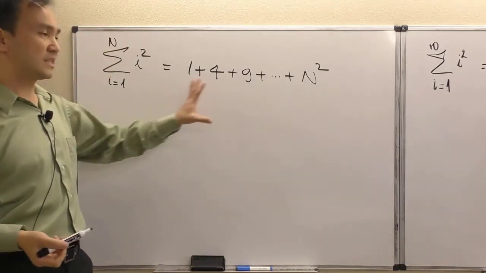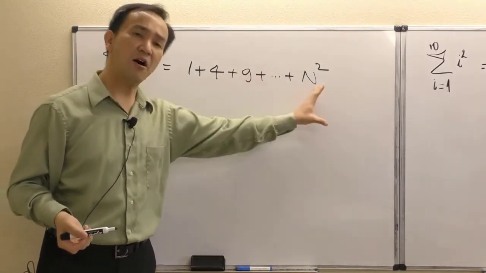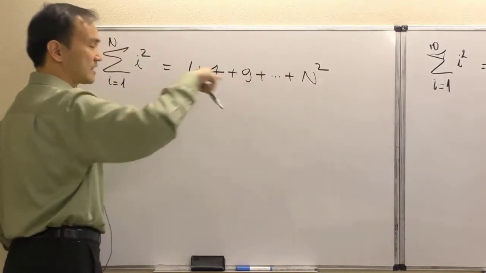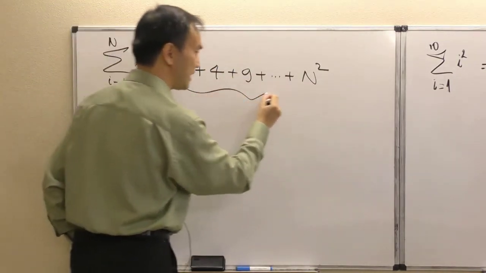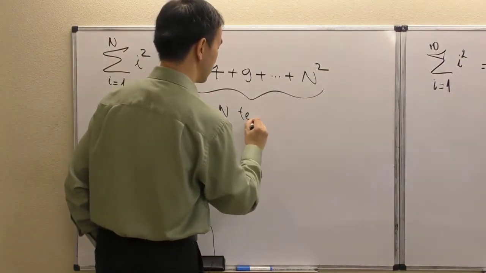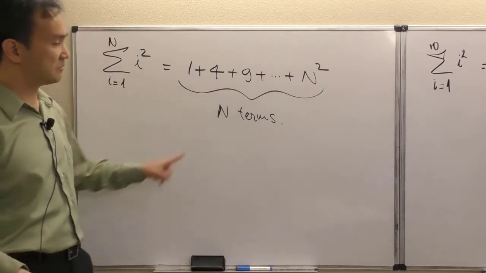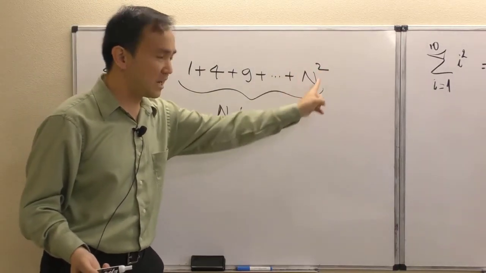Okay, so that's the written out form. It's just a written out representation of the sum. But now, to quickly add that sum, and in the end, this sum still has n terms. The last term is the n squared value.